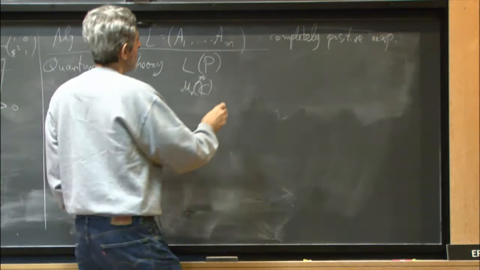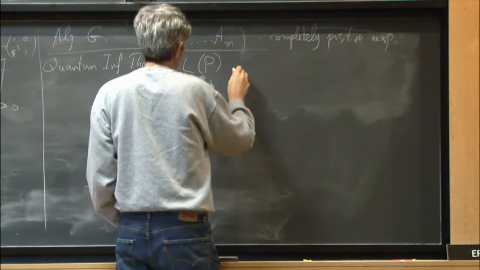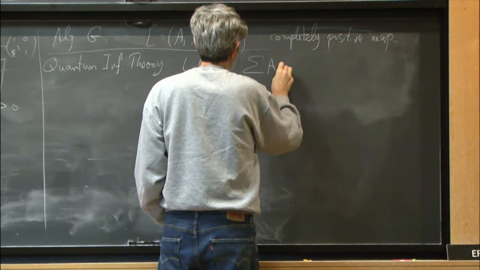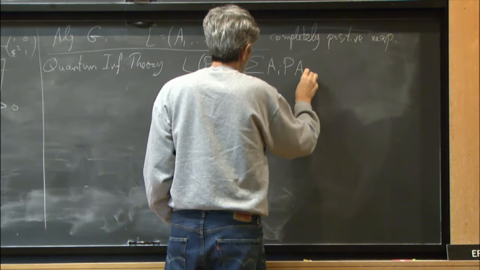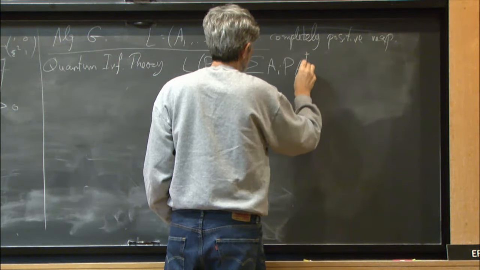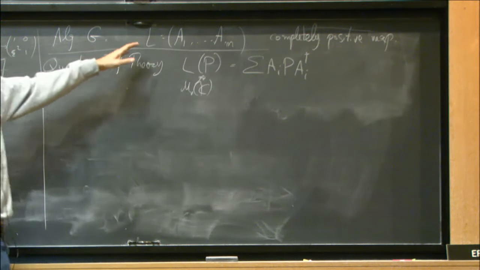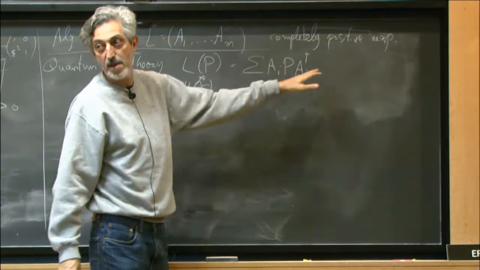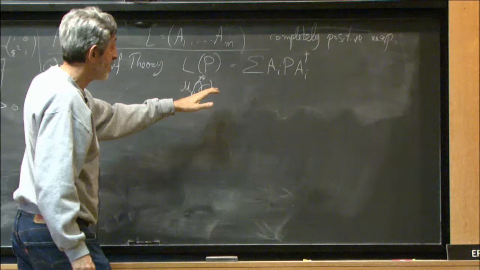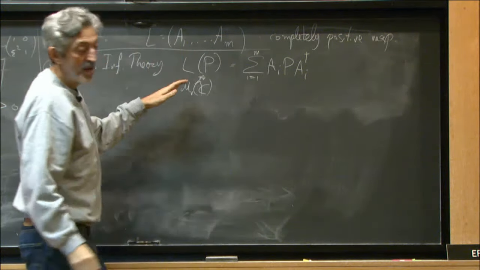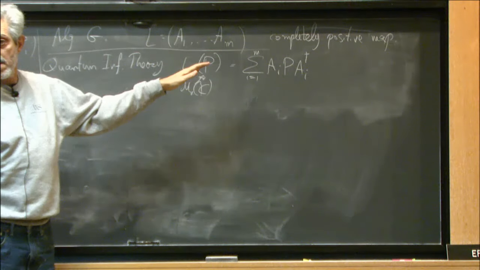It sends the matrix P to the sum of AI P AI dagger, where dagger is the conjugate transpose. So if the AIs are complex matrices, it takes n by n matrices to n by n matrices.